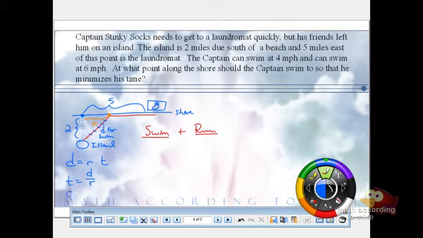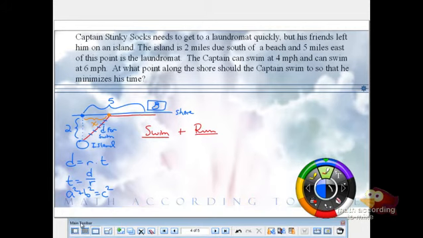Very good. a squared plus b squared equals c squared. a and b are the legs. c is the hypotenuse. It doesn't matter which leg is which, so we could have 2 squared plus x squared equals c squared. What is 2 squared?